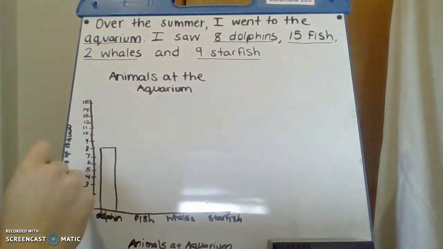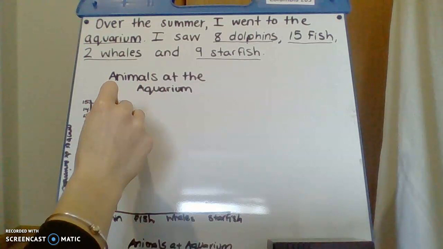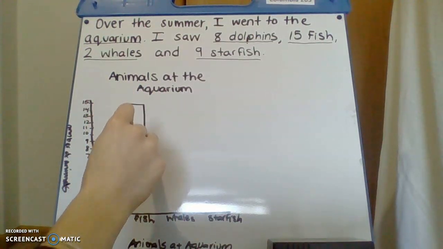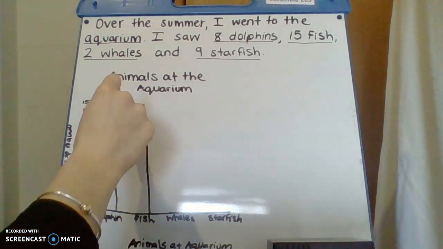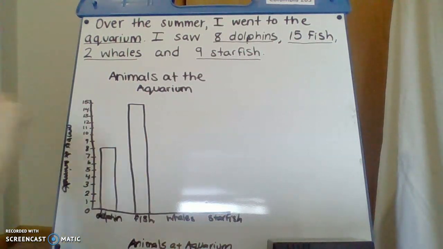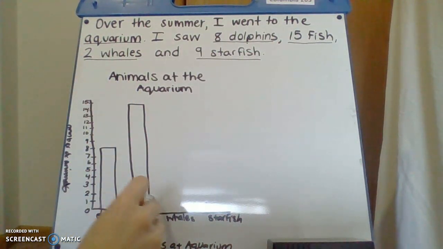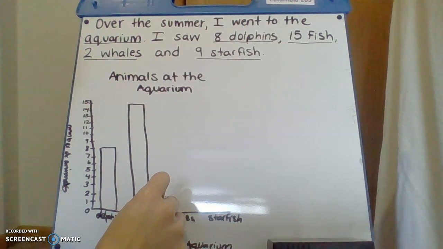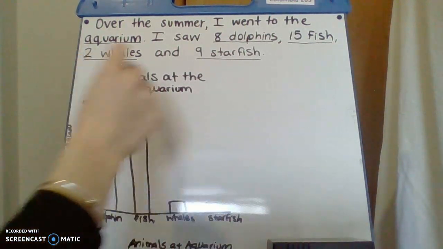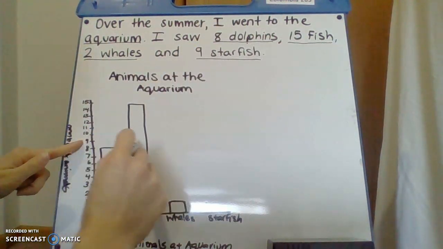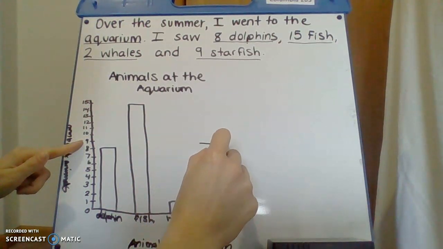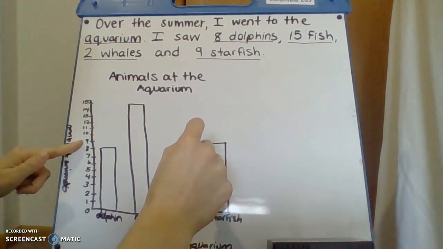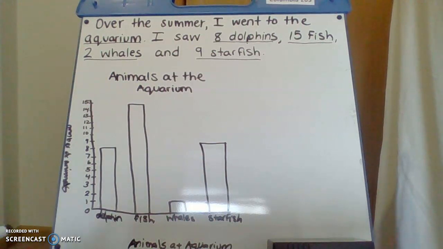Fish, we have 15. So that goes all the way at the top. Make my little line, and then I like to draw straight down. Whales, 2. Starfish, 9. So find the number 9, go straight across. So that's your bar graph.